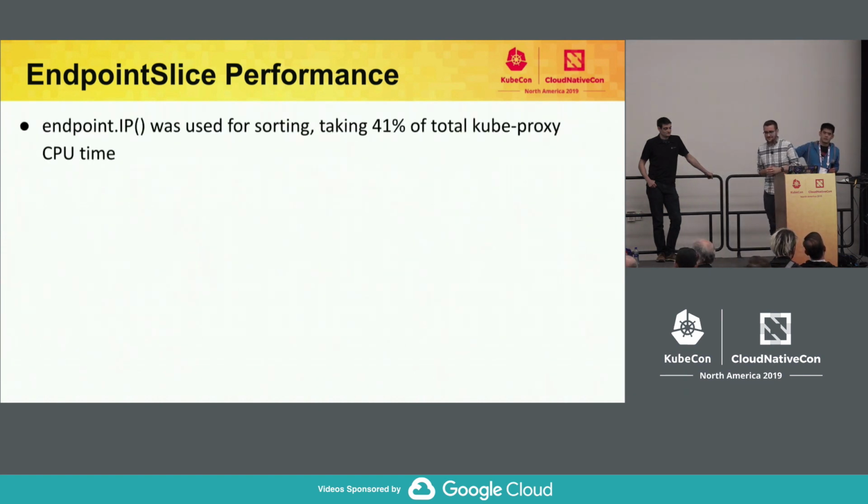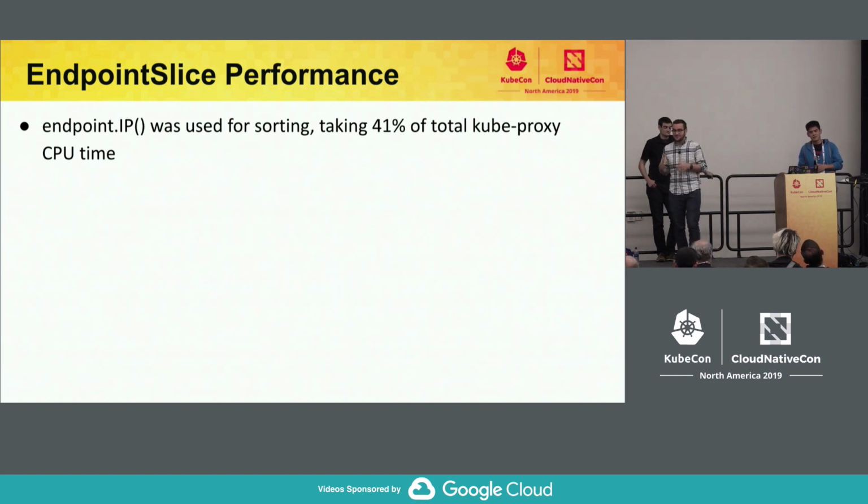The first one was I was using endpoint.ip for sorting, and that ended up being an incredibly expensive operation. I had thought endpoint.ip must just get the string and return it. The actual string in the endpoint object was an IP port combination, so it was calling netutil to parse an IP out of that and then returning a string.